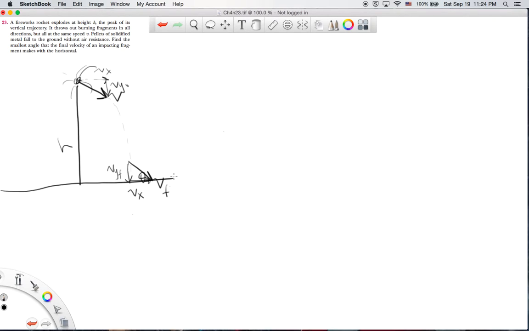So using this diagram, we have that tangent theta equals vy final over vx. So in this diagram, if we call this angle alpha, then we know that vx equals v cosine alpha.